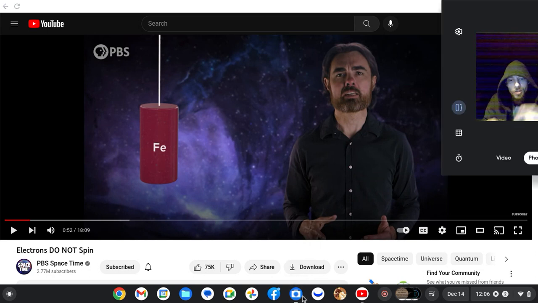So atomically, the atomic structure has some systems inside here. We are not looking at hydrogen, necessarily this type of spin.